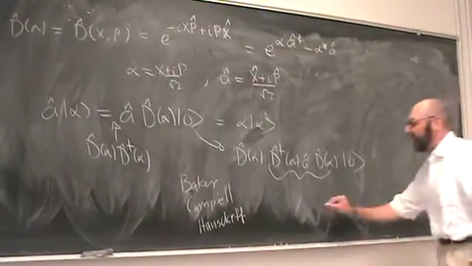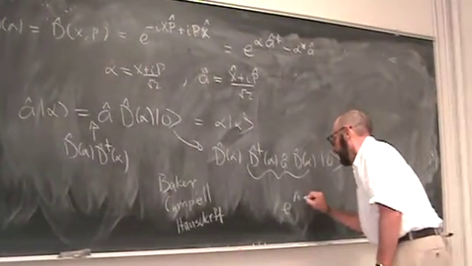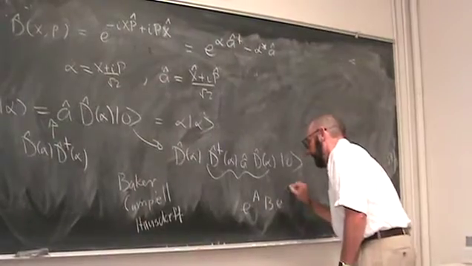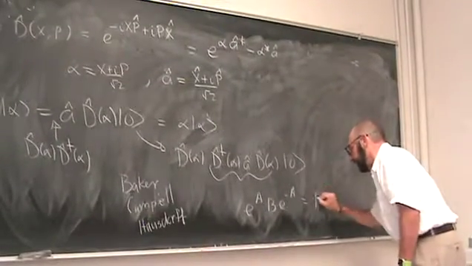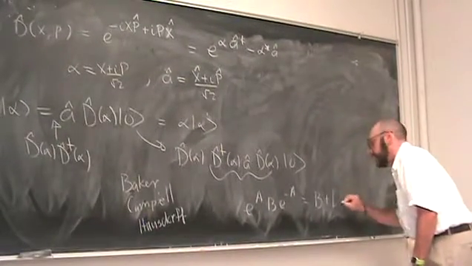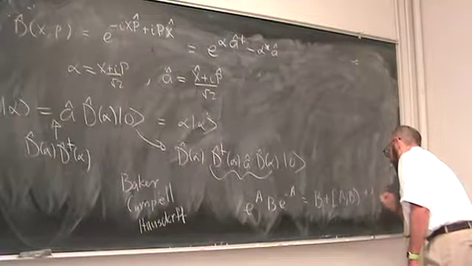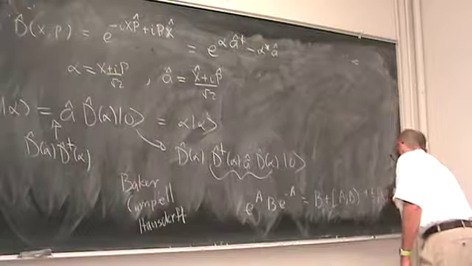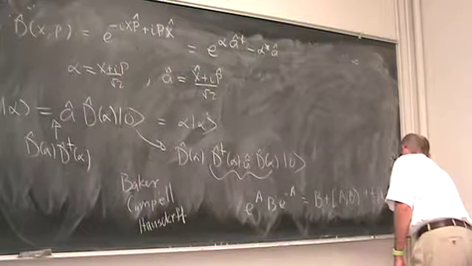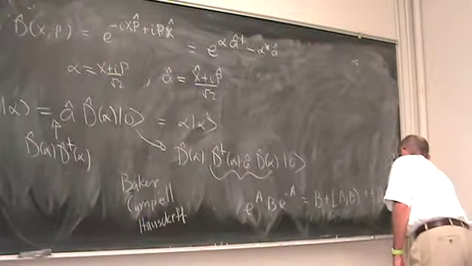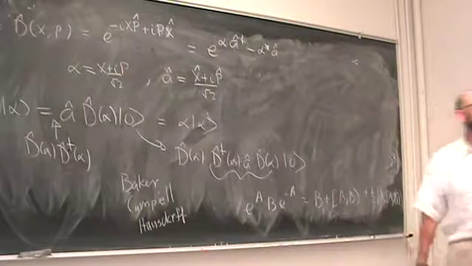Which says e to the A, B, e to the minus A is B plus the commutator of A with B plus a half the commutator of A with the commutator of A and B, plus etc. Right?